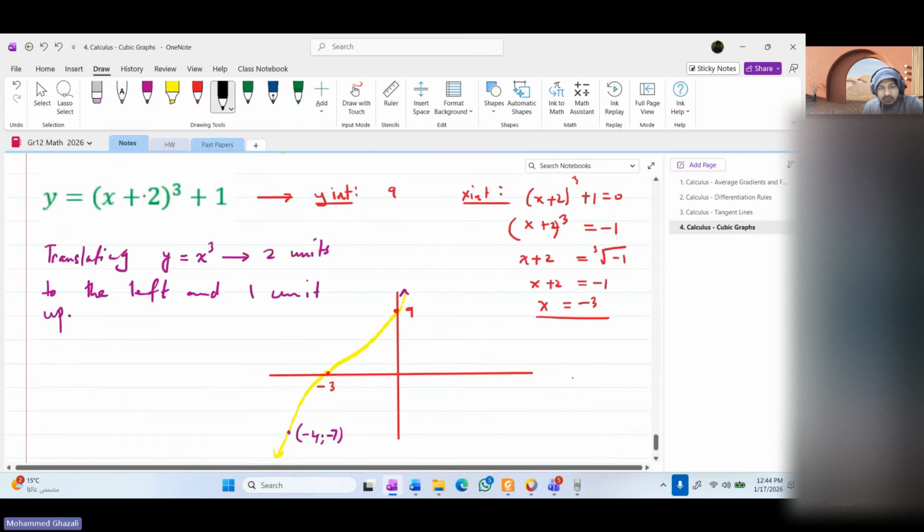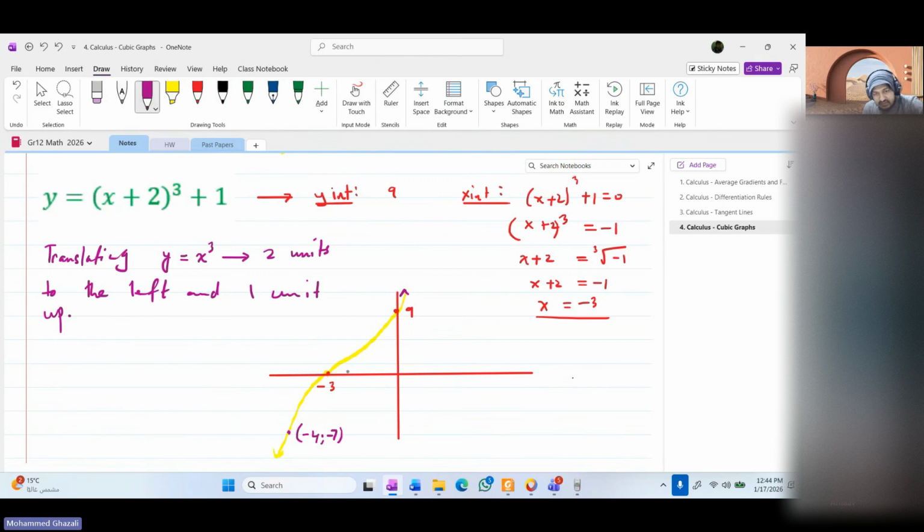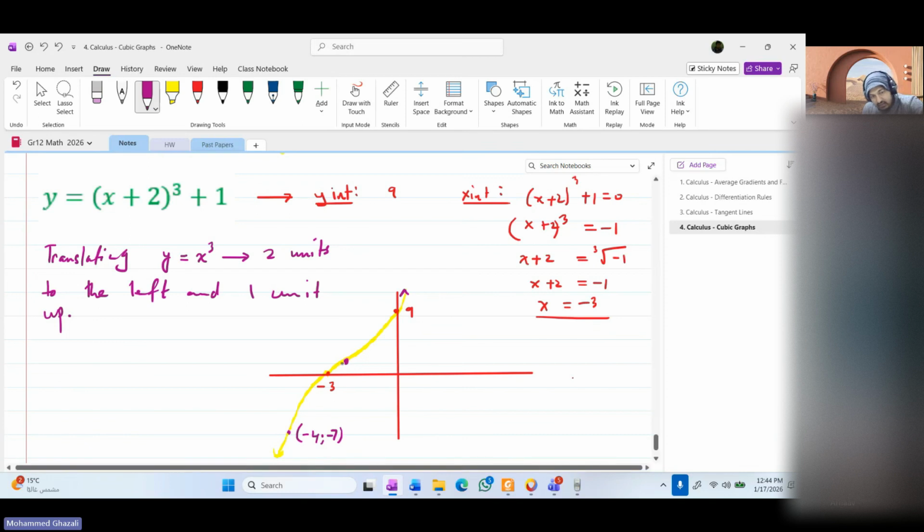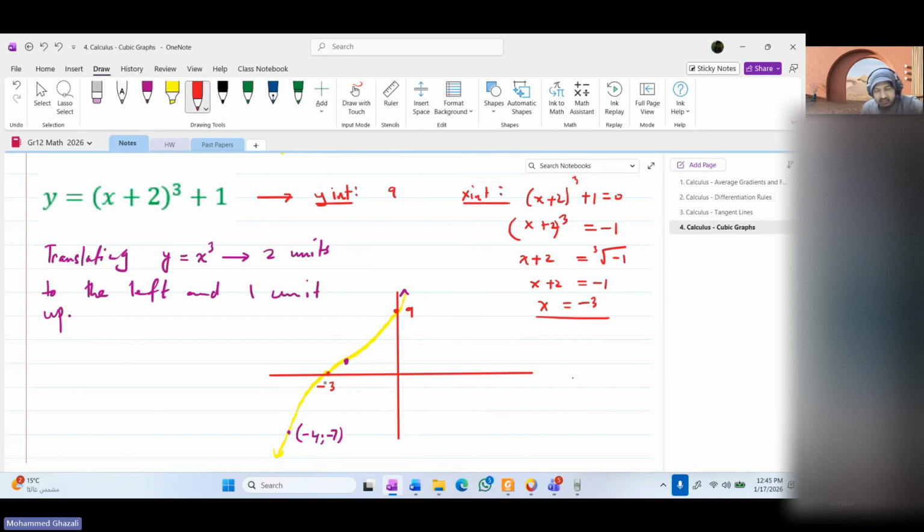Now, if you're observing this, +2 and +1. So what's happening at -2 and 1? It's like it's changing concavity, isn't it? It was concave down and goes to concave up. Yeah, so it's kind of like changing concavity here. That's -2 and 1.